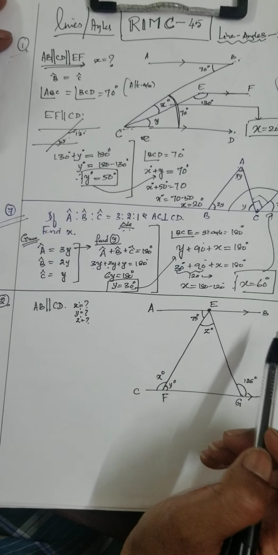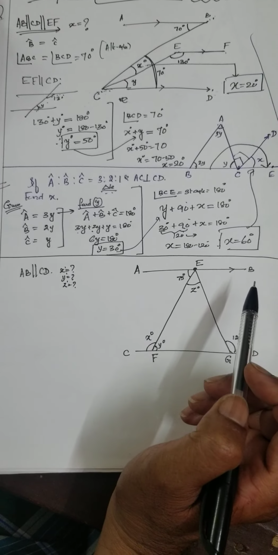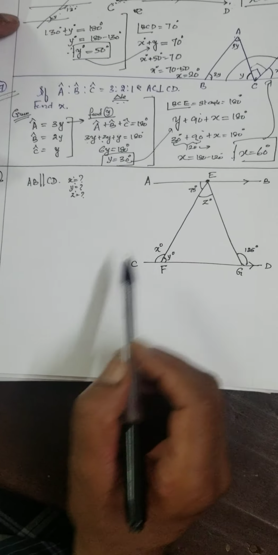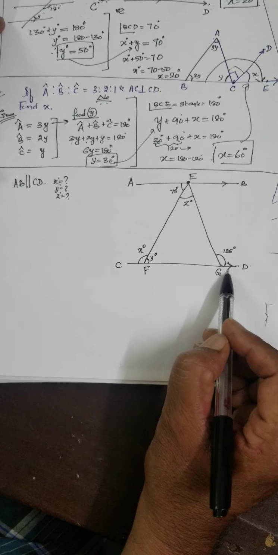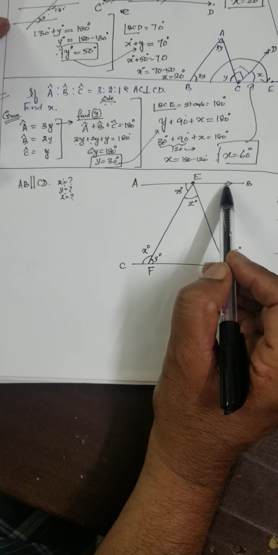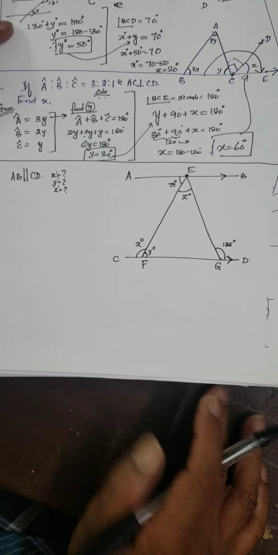Okay, 60 degrees. Now how to find out this? This line is parallel to this line. It is given that they are parallel. Now find out the missing terms.